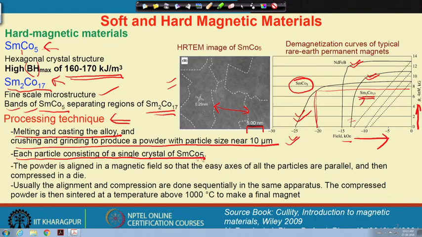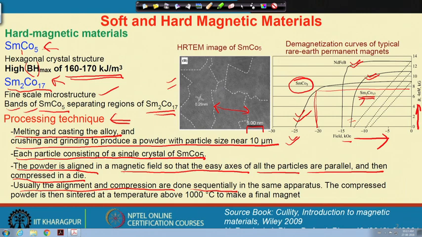Each particle consists of, let us say, a single crystal 1:5 phase, and then these powders need to be aligned under a magnetic field, so that there is an easy axis of magnetization, and all the particles are parallel to the applied field. Then these particles are put in a compression die, so that we compact those powders.